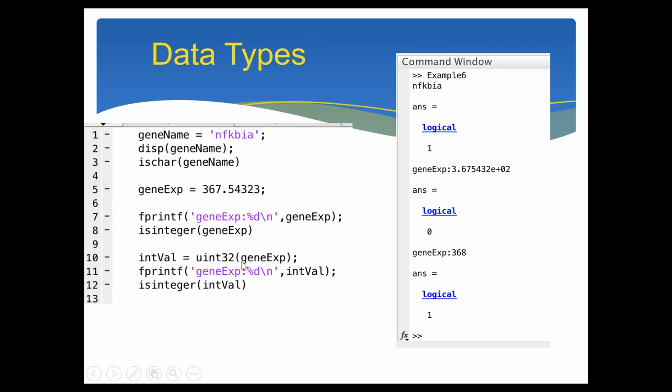It's like a round function, just to drop the digits after the integer and keep it as an integer. And then you check whether it's an integer, it is. So just a quick mention of how we can check the data types.